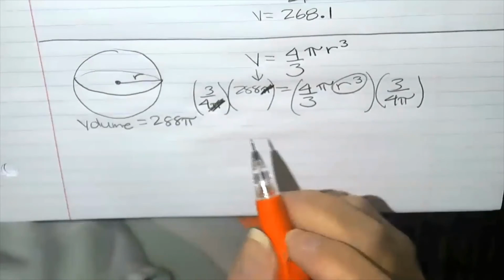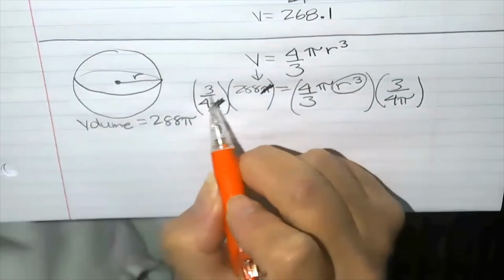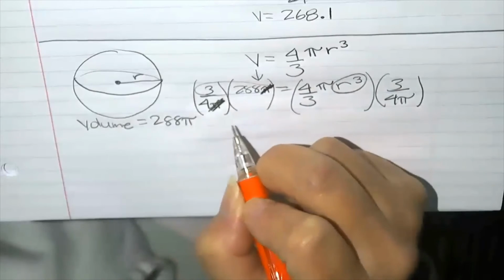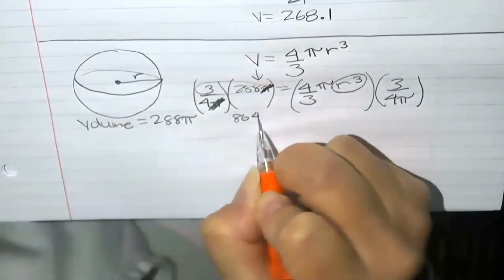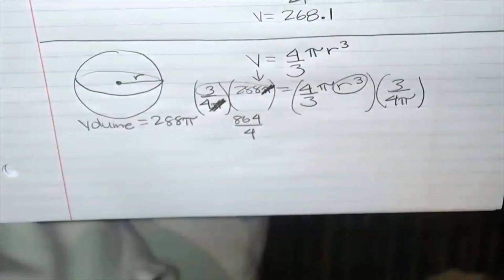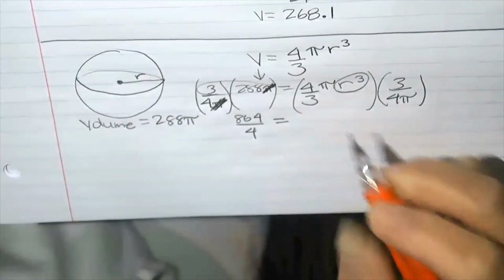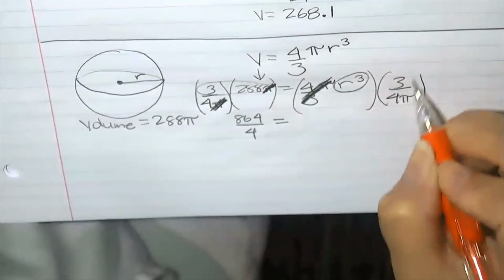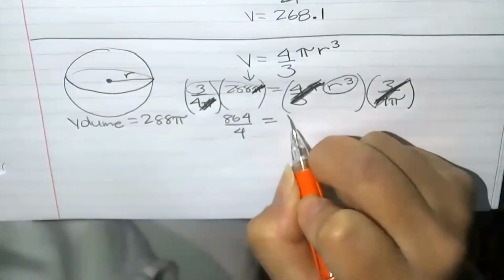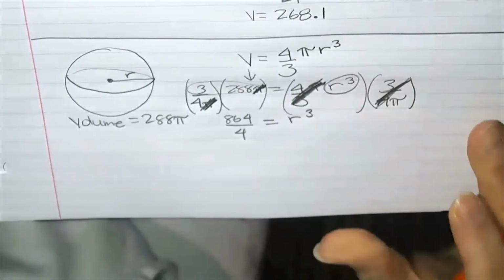So now I have 3 times 288 is 864, and 4 times 1 is 4, equals, these guys are canceled too. Look at that. And all I'm left with is r cubed.